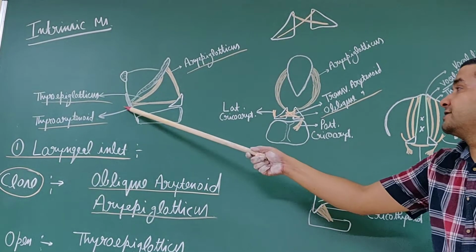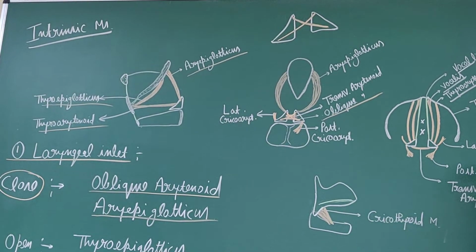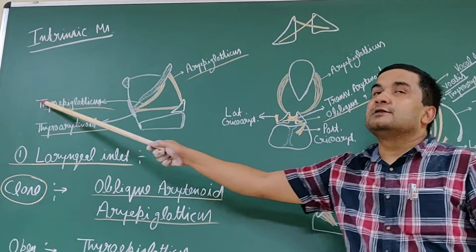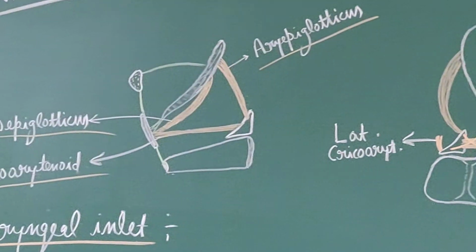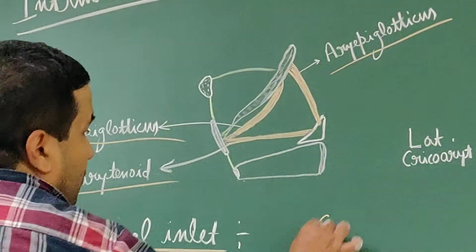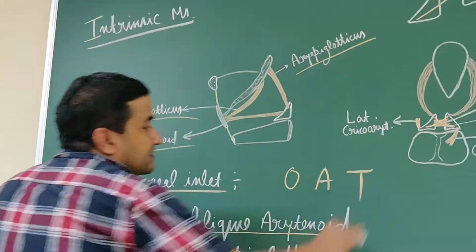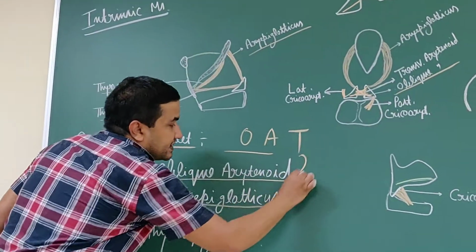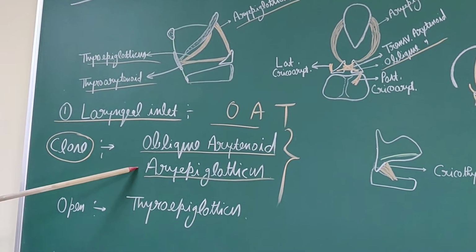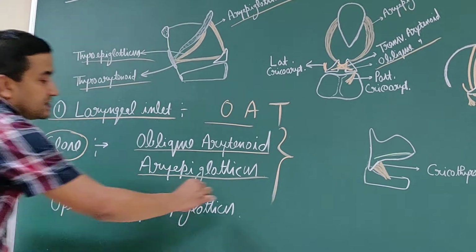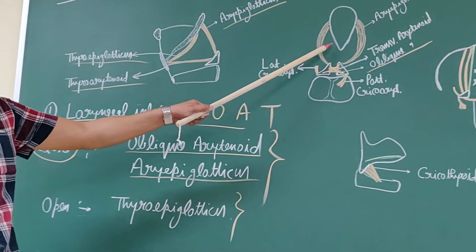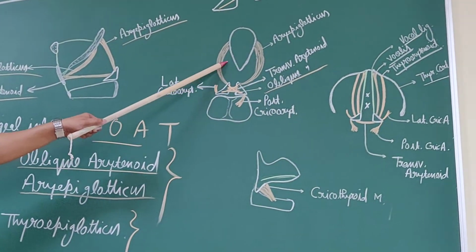From the thyroid to the arytenoid, some fibers detach and go to the epiglottis and become the thyroepiglotticus. So remember O, A and T: O and A, the oblique arytenoid and aryepiglotticus, close, while the T, the thyroepiglotticus, opens the laryngeal inlet. This is the laryngeal inlet.